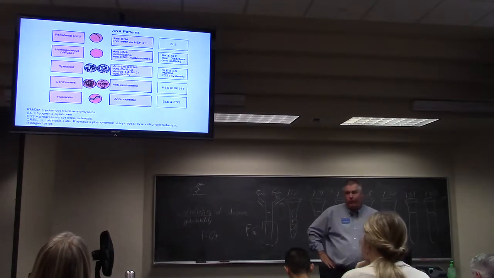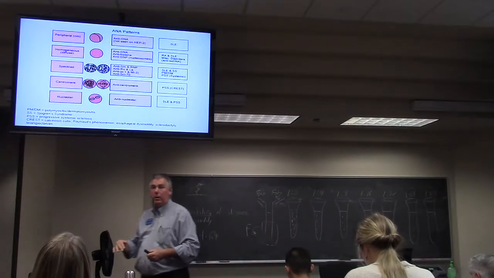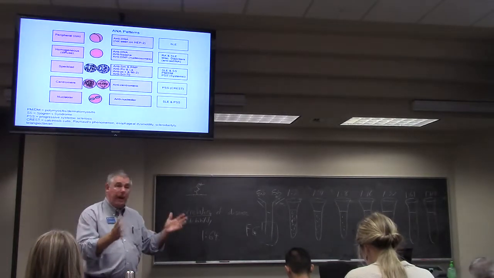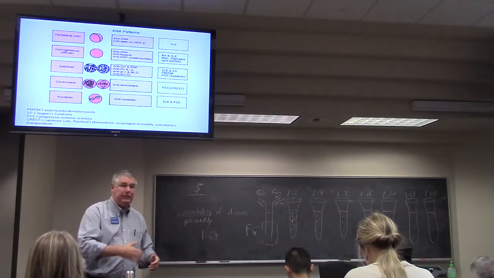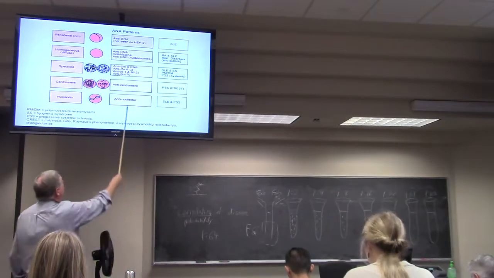The Reichlin profile is a panel for connective tissue diseases. It contains an RF, an anti-CCP, an ANA, and all of these different things that are listed here.